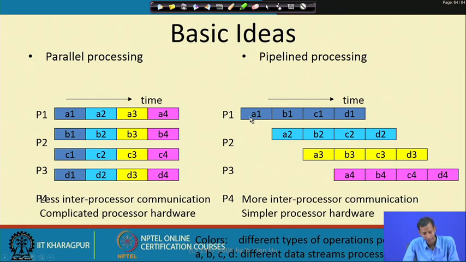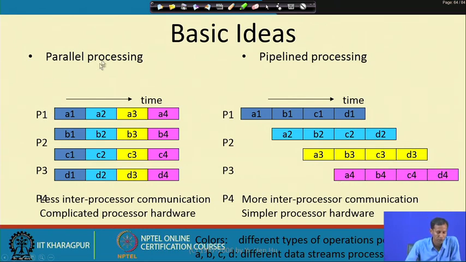Now it will be delayed as it has passed through one register, so it will become A2, B2, C2, then D2, that is, just delayed by 1 clock cycle. Then P3 will again be delayed by 1 clock cycle, then at P4 it will be delayed by another clock cycle.